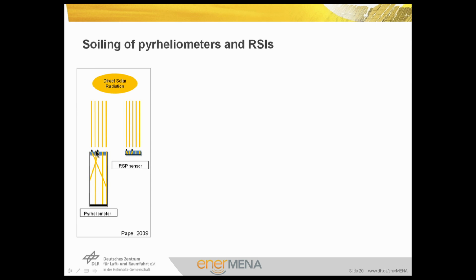We can see some dirt on both sensors, and in the case of the pyrheliometer, this dirt leads to a significant signal reduction because the light is scattered and the rays that are scattered do not reach the sensor that can be found here at the end of the pyrheliometer tube. In the case of the RSP sensor or the RSI sensor, the scattering of the rays does not reduce the signal significantly because the rays hit the sensor anyway.